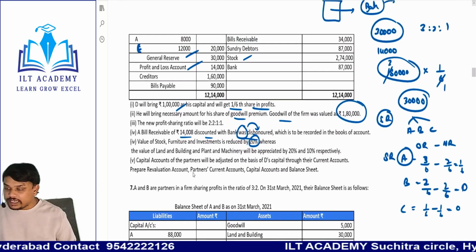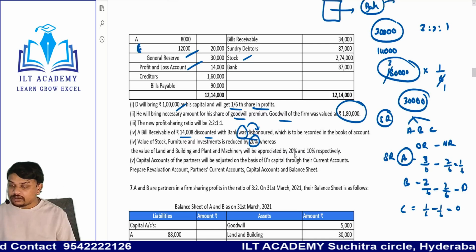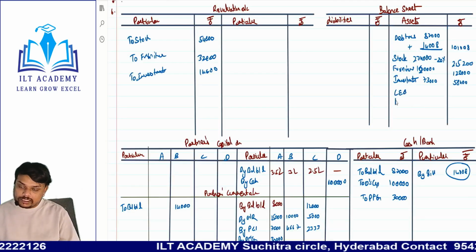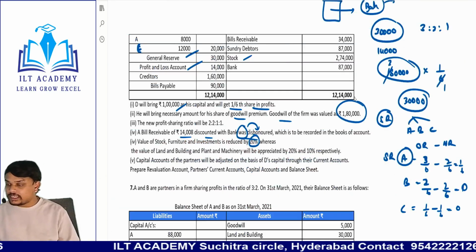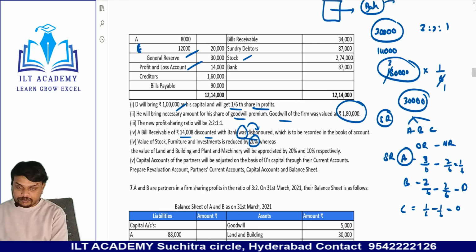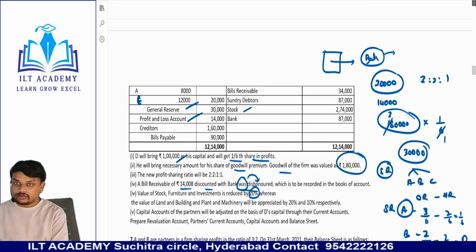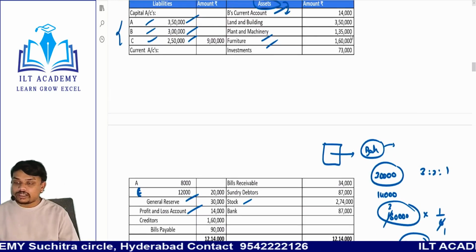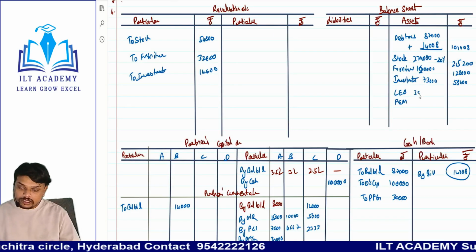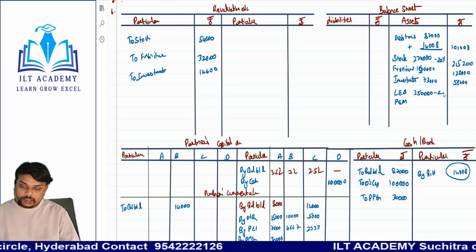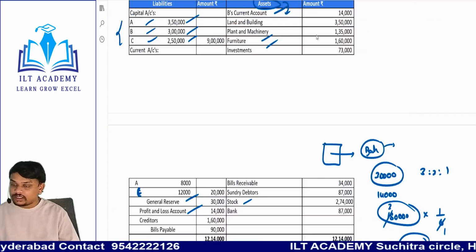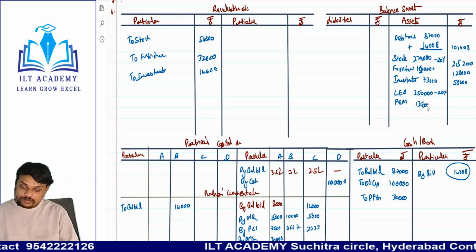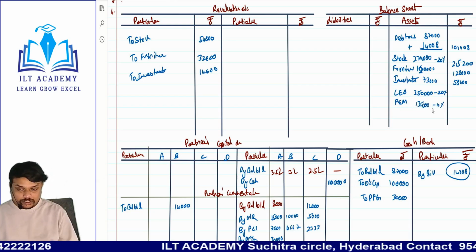Now the land and building, and plant and machinery will be appreciated by 20% and 10%. Land and building is 3,50,000 and plant and machinery is 1,35,000. So 3,50,000 plus 20%, and 1,35,000 plus 10%.